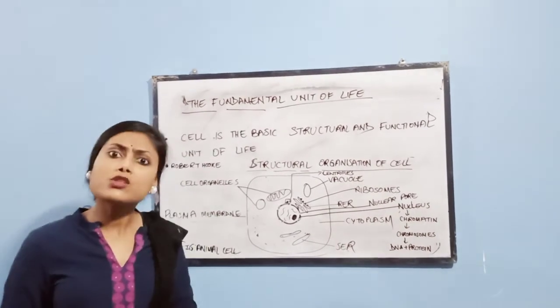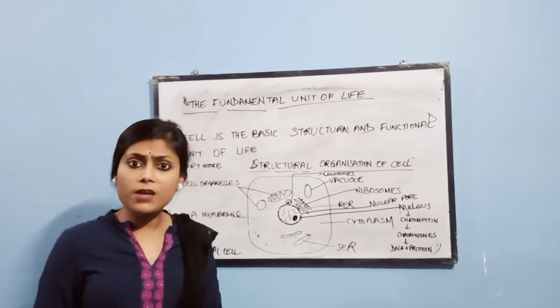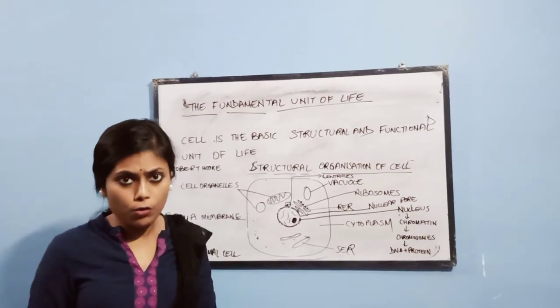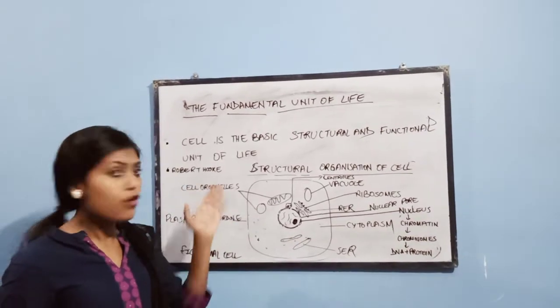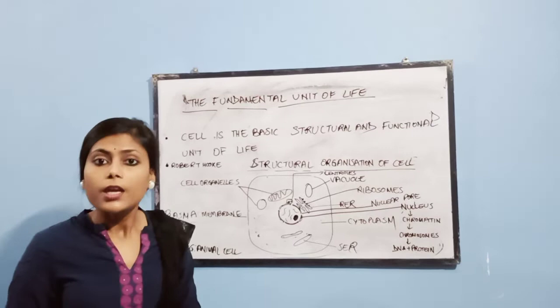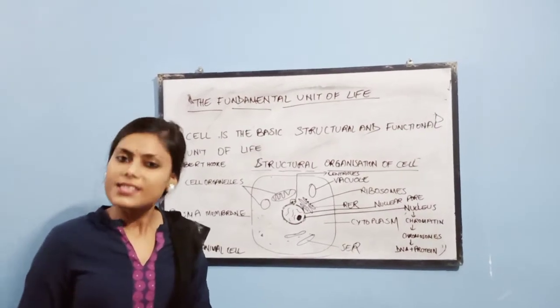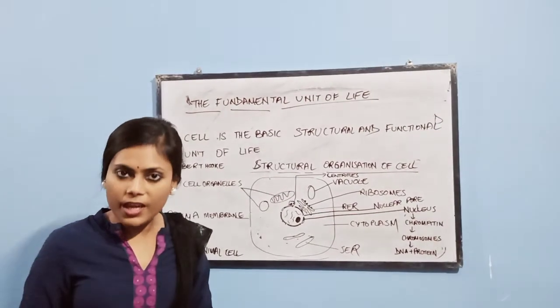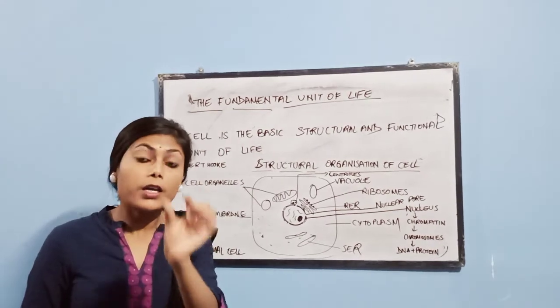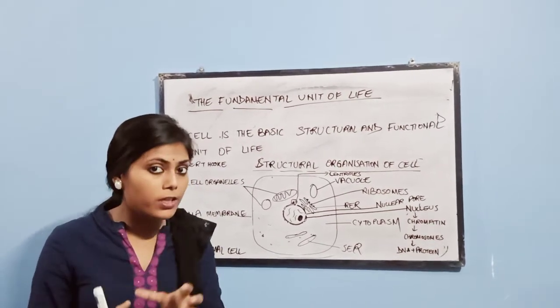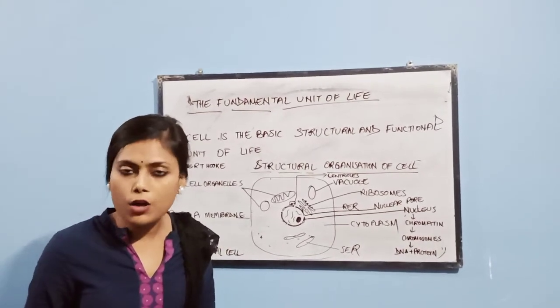Let us quickly look into who discovered the cell. We all know it was discovered by Robert Hooke in the year 1665 in the cork, which is commonly found in the bark of a tree.